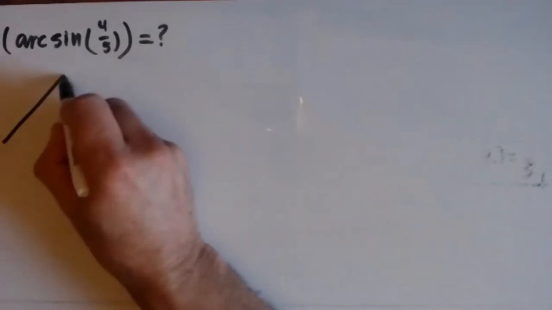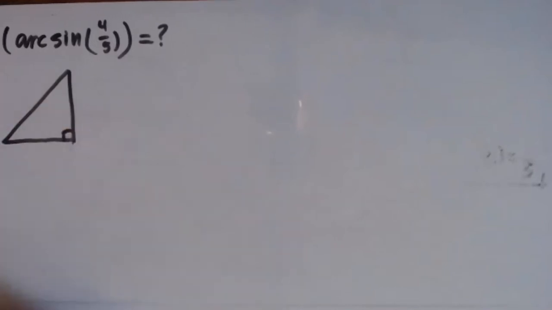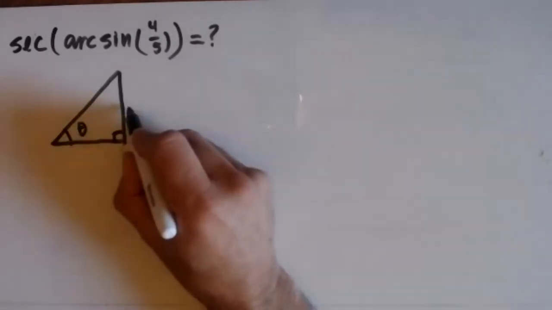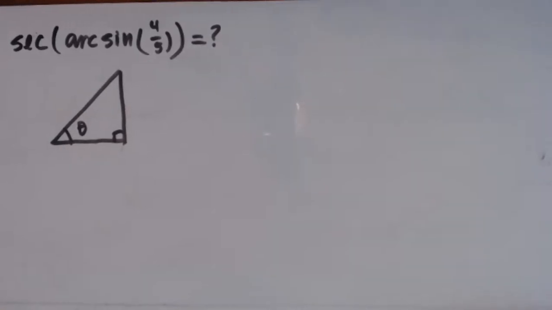This is the composition. So again, step number 1, remember, draw a right triangle. This is part of the procedure. You draw your little right triangle, you identify your angle, and then from this right triangle, you're going to see that this is the opposite, adjacent, hypotenuse. Okay. Now, what do you have to find?